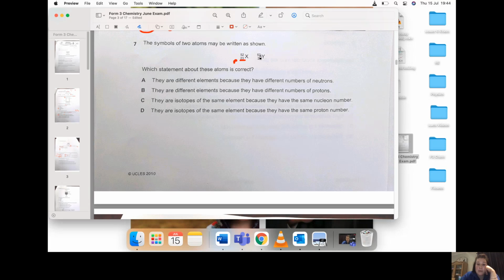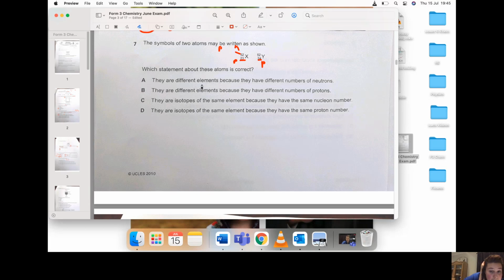So X has 23 protons, Y has 24 protons. This is the nucleon number, protons plus neutrons. Okay, so which statement is correct?